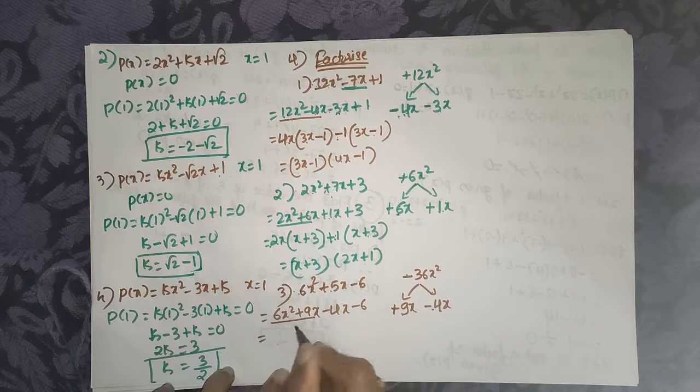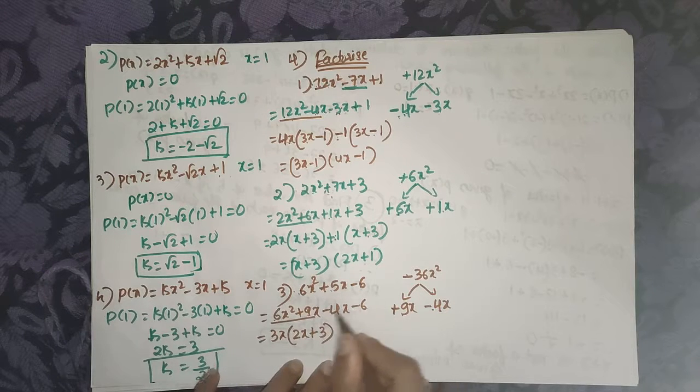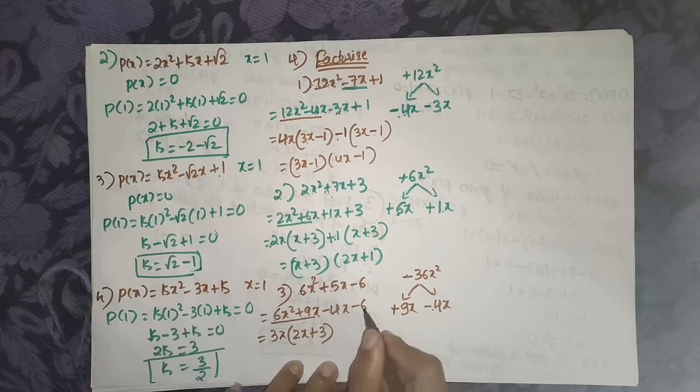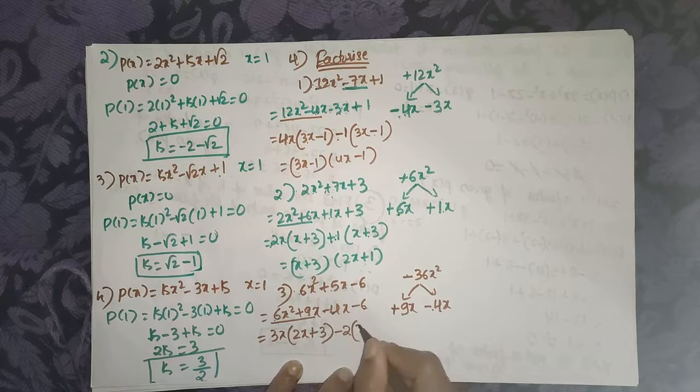First two terms, the common is 6 and 9 comes in table 3. 3x is common. 3 2s are 6, 1x is common, another x. This is 3 3s are 9. X is already outside. So here 2 table 4 6. 2 is common. Here minus there, minus 2 is common. 2 2s are x.